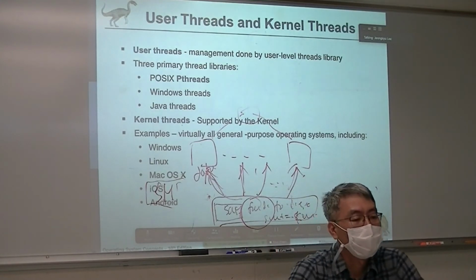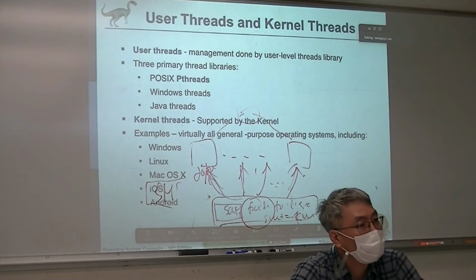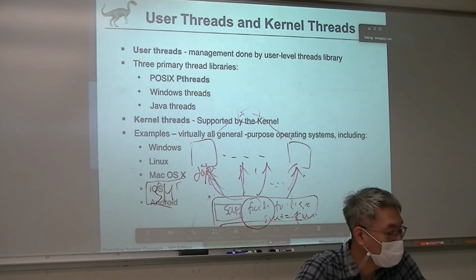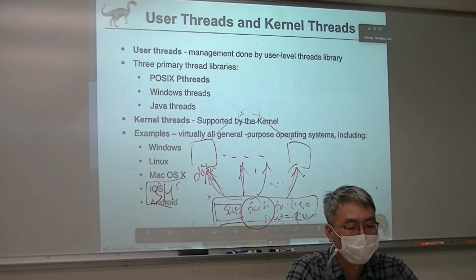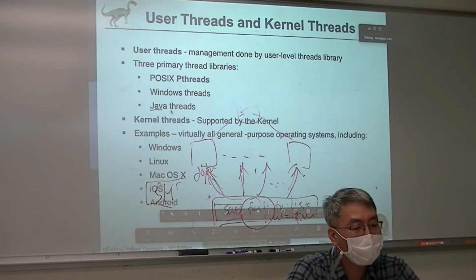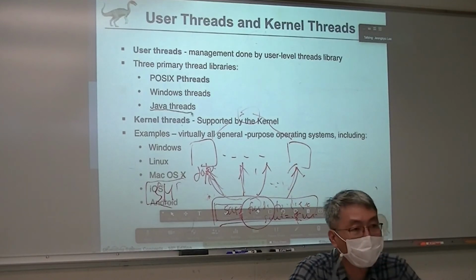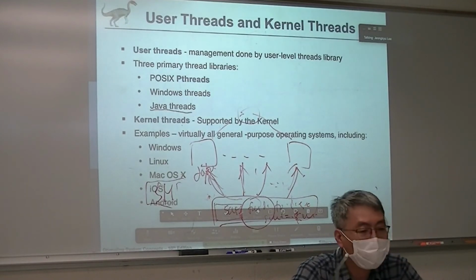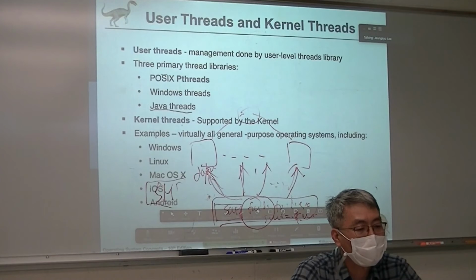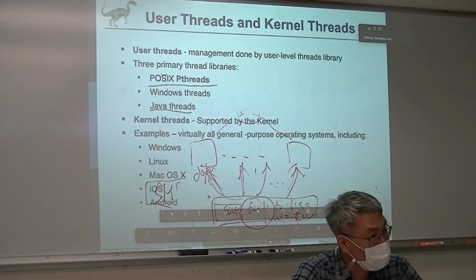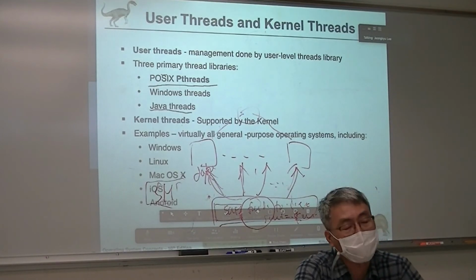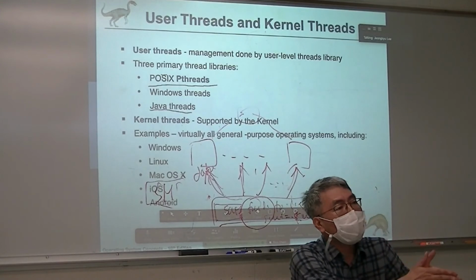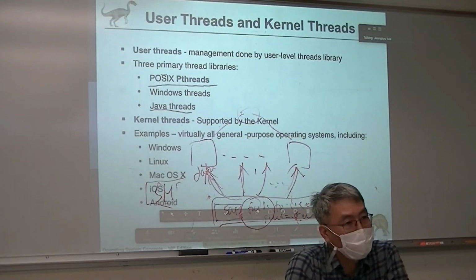For the user side, user threads, there are three major libraries. We can use such a library, for example, here. Java thread, if you did Java thread programming, that's a Java thread. Also, POSIX is the Linux or Unix library for your thread. However, POSIX pthread is not an implementation of thread programming.